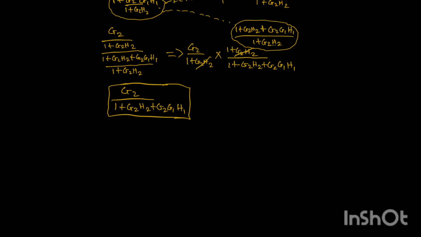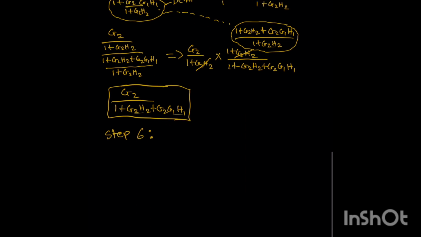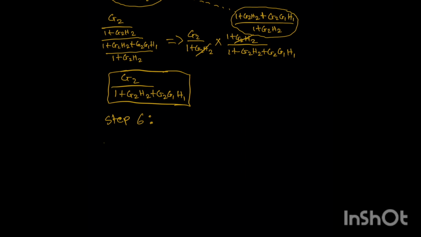In step 6, we want to now resolve this block. This is the block we want to resolve. So resolving this block, we will now have R of X, we would have 1 plus G1.